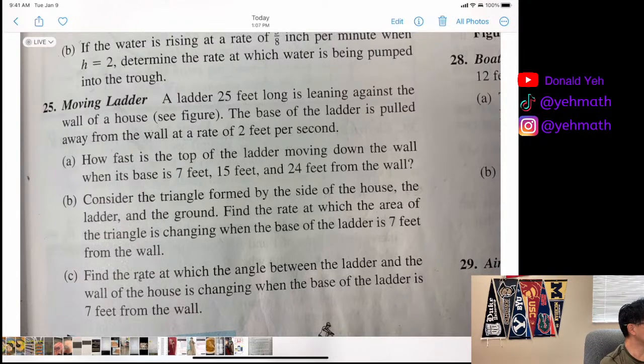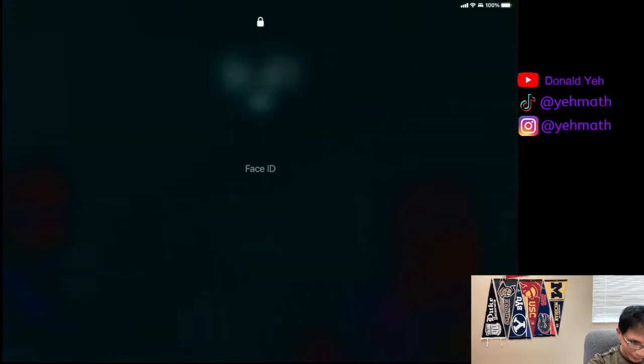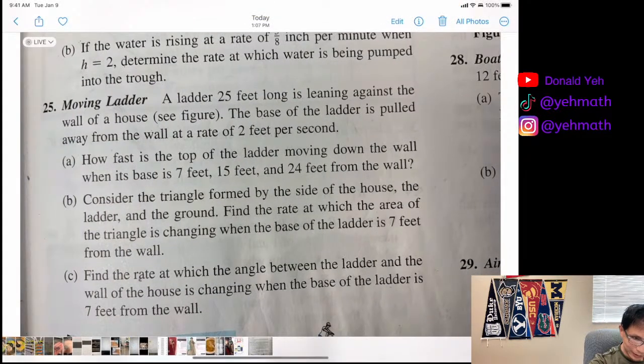Give it a try. I'm trying to think what a ladder is. A ladder? Yeah. A ladder looks like this.